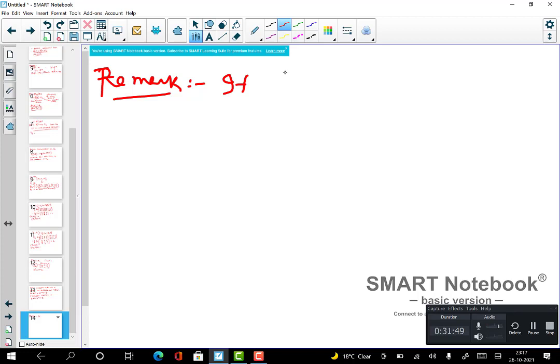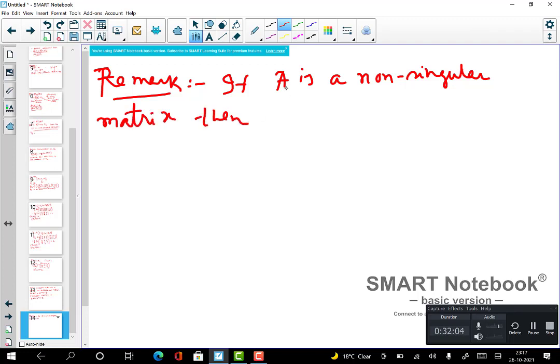If A is a non-singular n cross n matrix, then the rows of A form a basis of F^n.